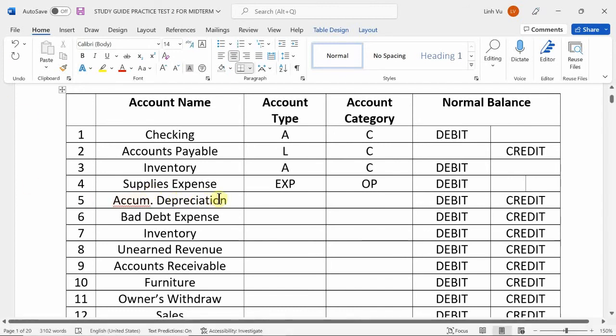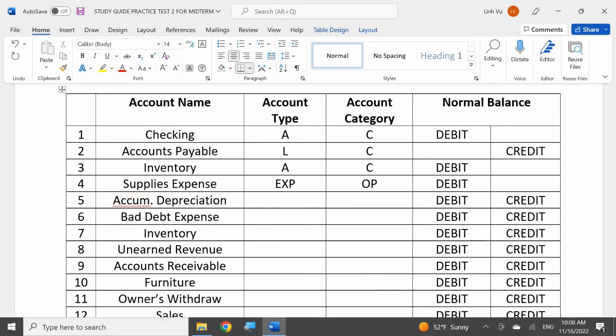What about accumulated depreciation? What is accumulated depreciation? Accumulated depreciation is our contra account, remember? It is our contra account that we use to decrease a fixed asset, right? To decrease the value of a fixed asset because we cannot change the value of the fixed asset due to the historical cost law, right?